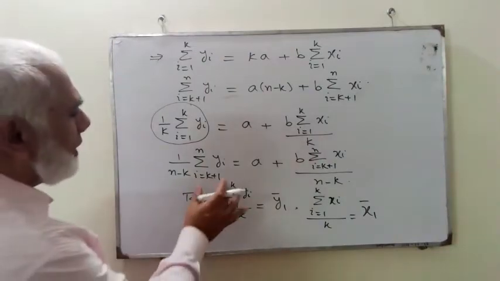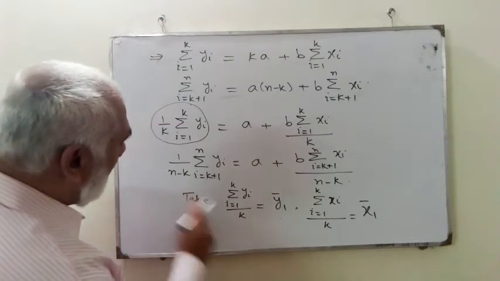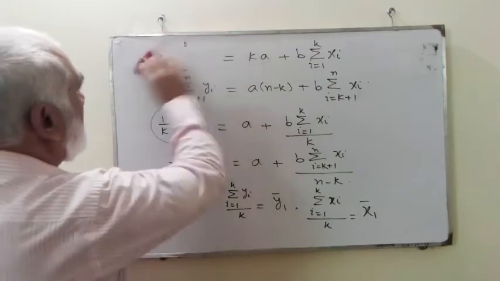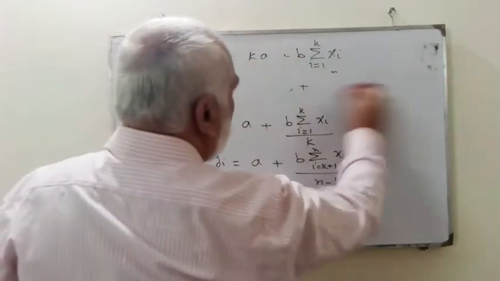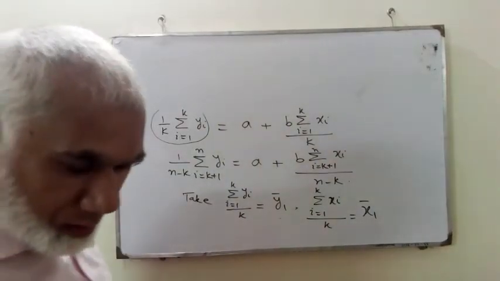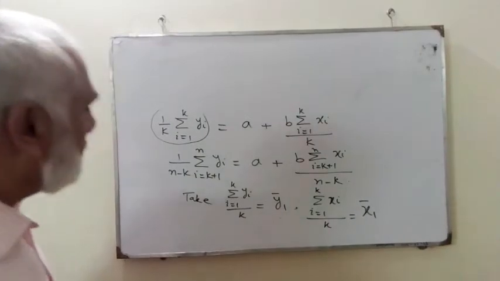Similarly, we can take here 1 over n minus k, let me write it at the top. Okay, so after doing this, we are making the substitution of the average.